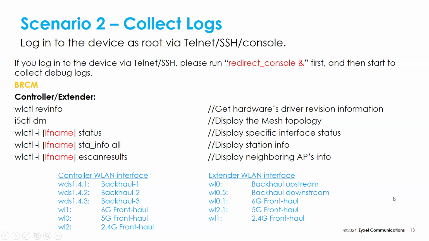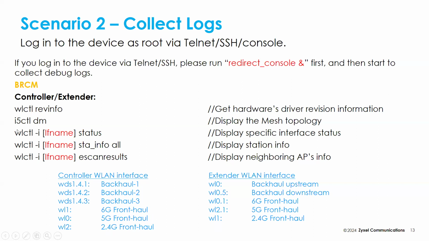So here are the debug commands they shared with us, showing what kind of information we need to collect from the extender and the controller. Also, like before, if you access the device through a telnet or SSH session, please make sure you type in the redirect console command first, then use the command list here.